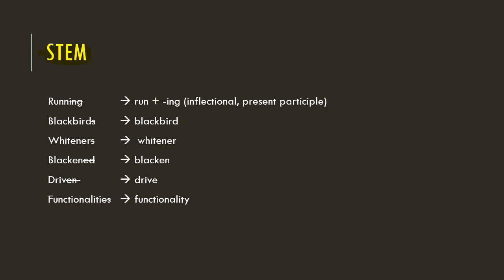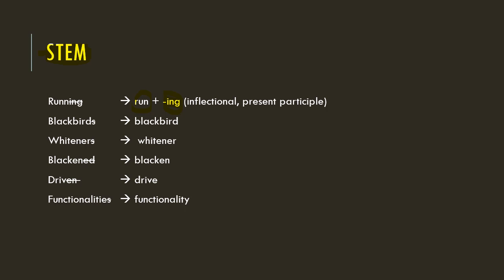Okay, inflectional affixes represent the affix that doesn't change the meaning or the part of speech. So from the word running, it has two morphemes, run and ing. If we want to know the stem, then we need to eliminate the inflectional affix. So from here we can know that the stem of running is run.